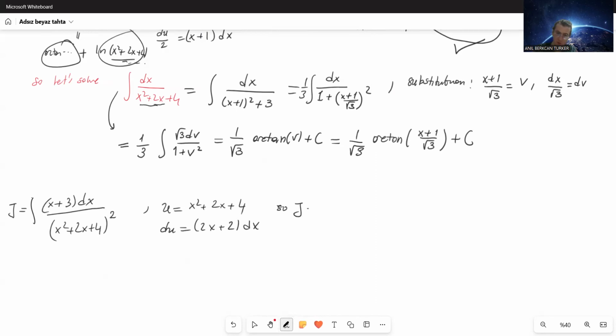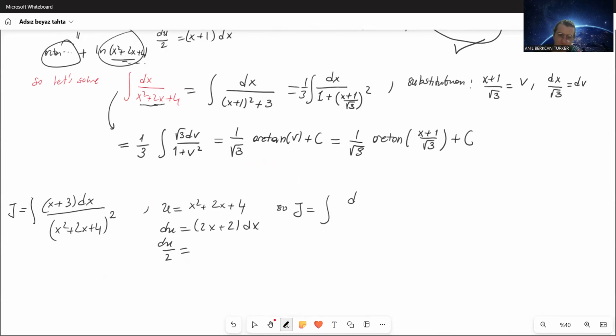So J is equal to du, the same thing actually, x plus 1 dx.